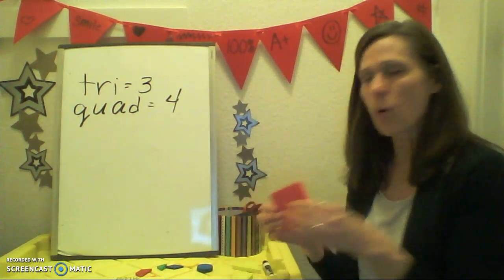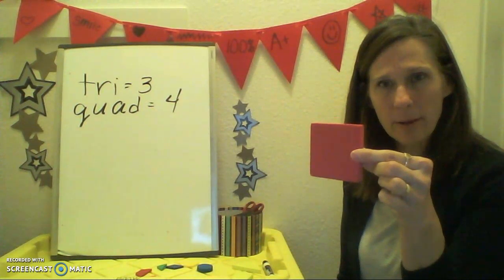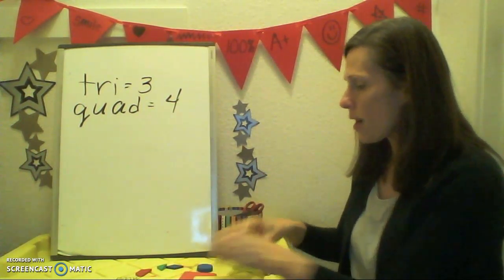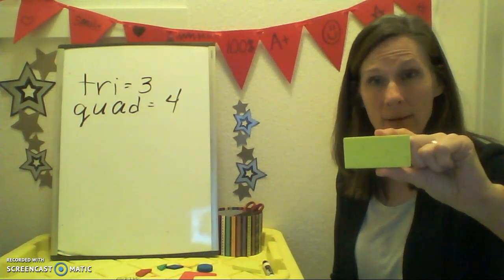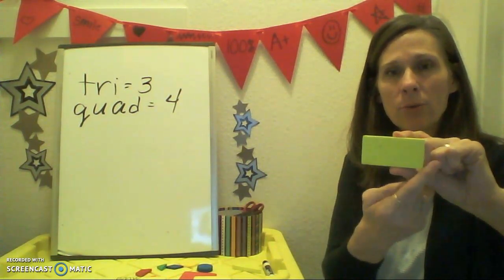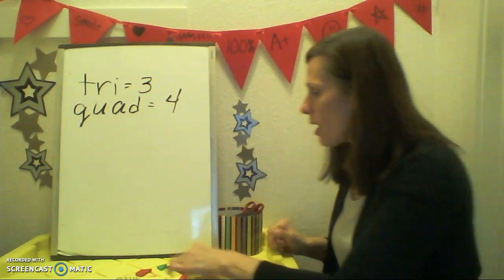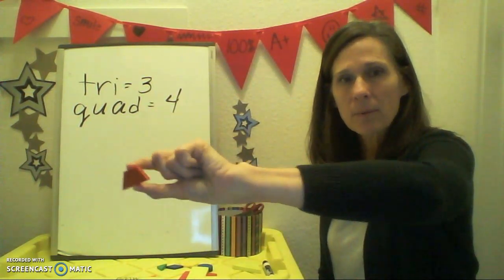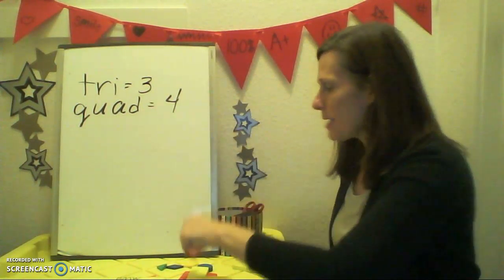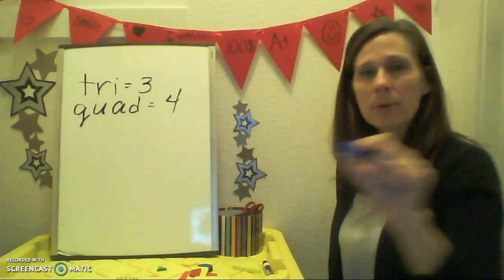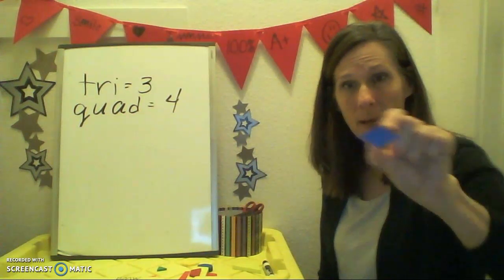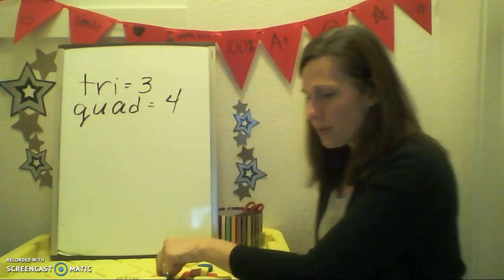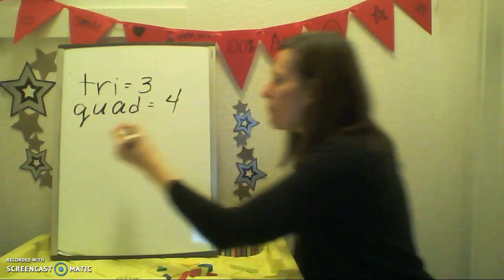A quadrilateral would be a square, 1, 2, 3, 4. A quadrilateral would also be a rectangle, 1, 2, 3, 4. A quadrilateral would also be a trapezoid, and a quadrilateral would also be a parallelogram. Four angles, four sides.